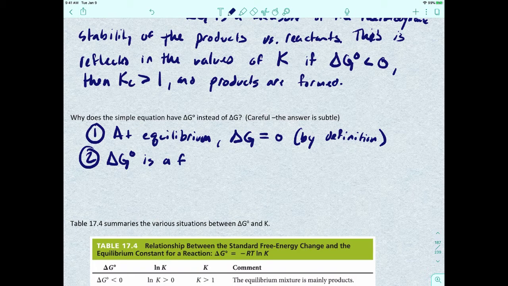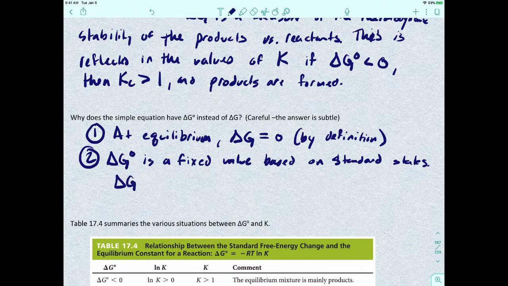Delta G at non-standard state changes with the concentrations as the reaction proceeds. So delta G standard state is a fixed value based on standard states. Delta G, the non-standard state version, changes with concentrations as the reaction proceeds.